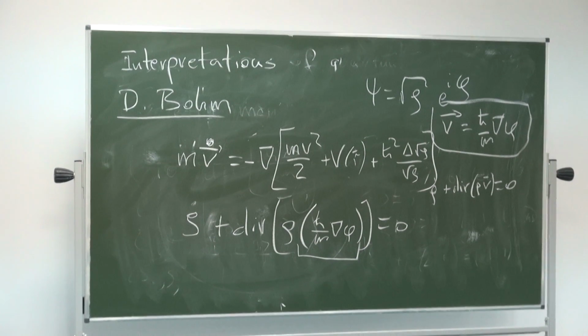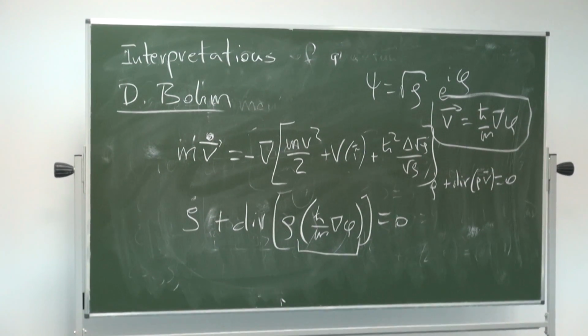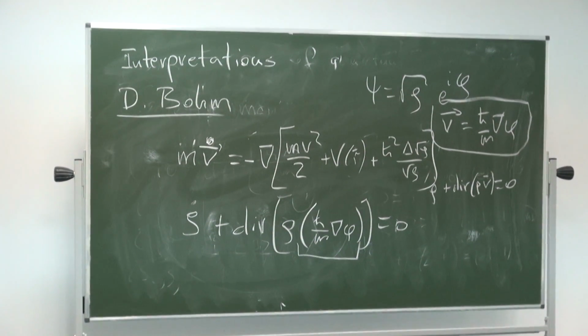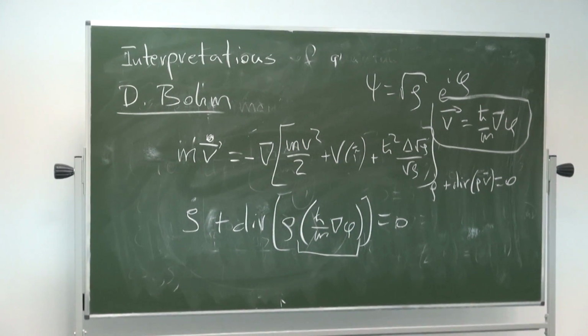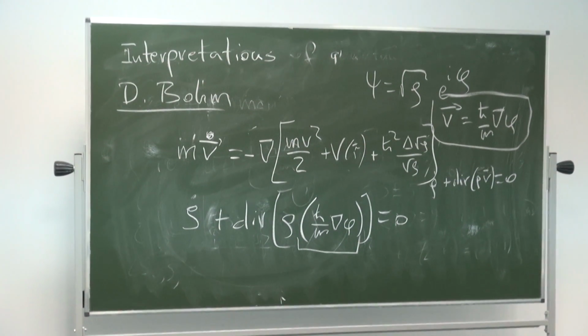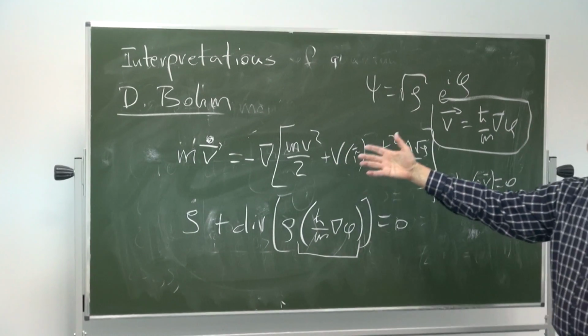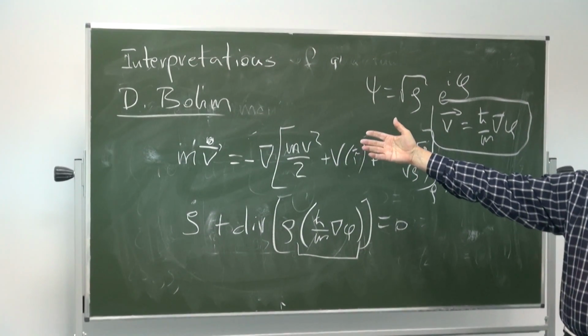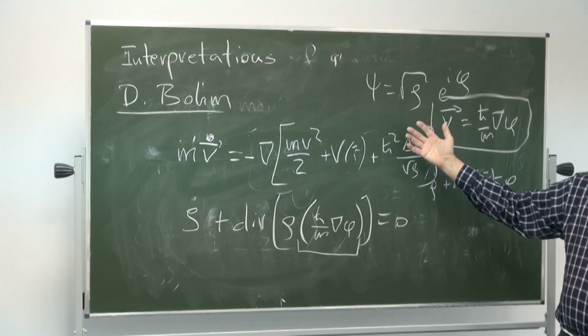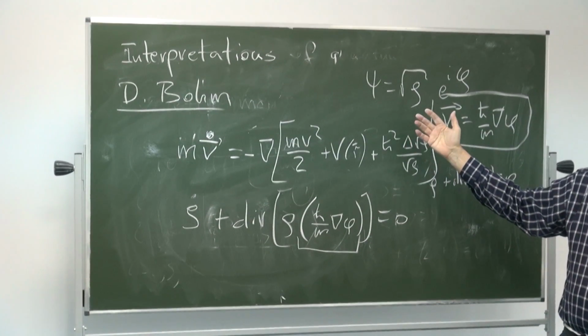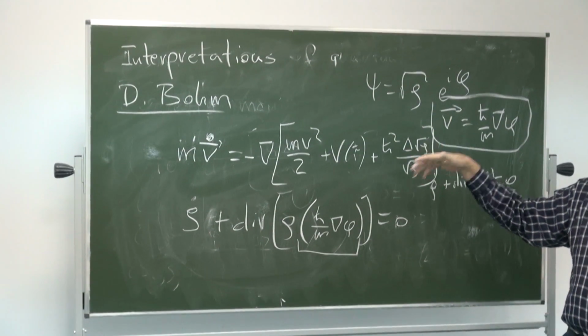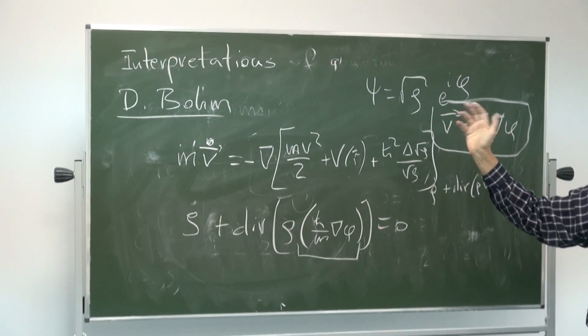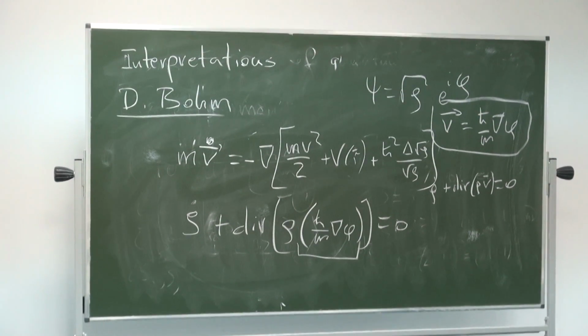That particles travel along well-defined path, except that this well-defined path is a solution of equations of motion. Yeah, it's like Euler equations in hydrodynamics, but with some crazy additional quantum force. He coined, I think, the term quantum pressure term.